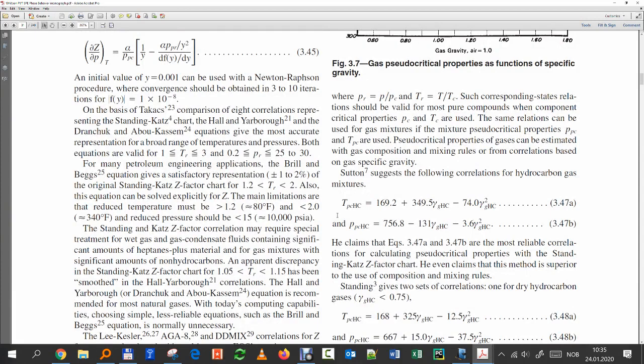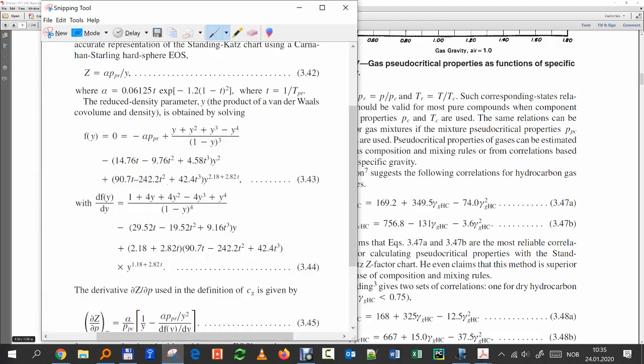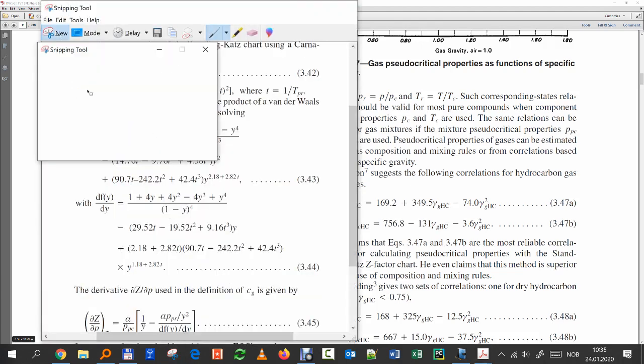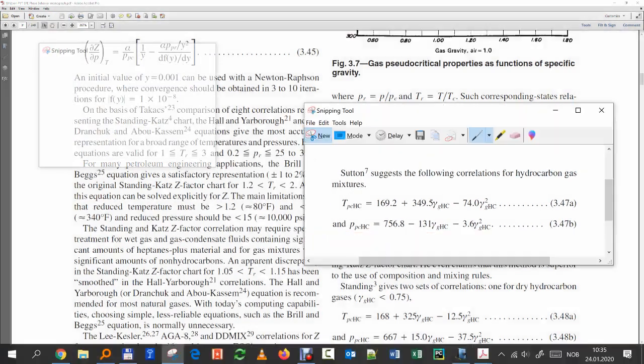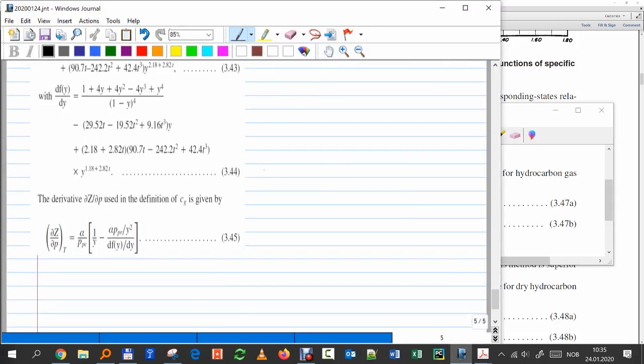Sutton are these two equations: critical pressure of hydrocarbon, which is a function of the specific gravity of the gas, and also critical temperature, only a function of specific gravity of gas. I'm just trying to show you where the equations come from, so we don't start using them without knowing where they come from.